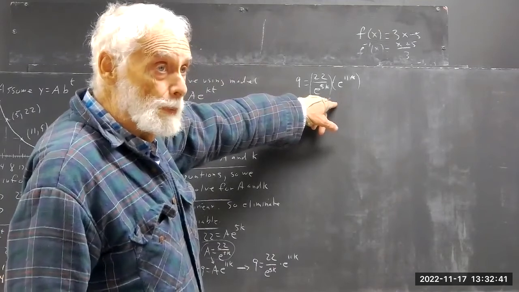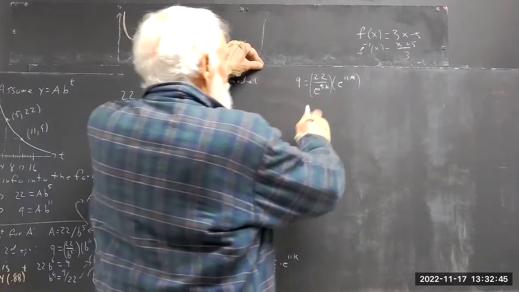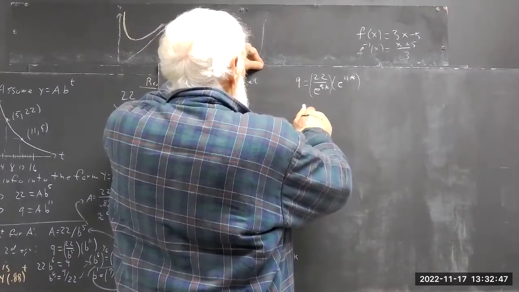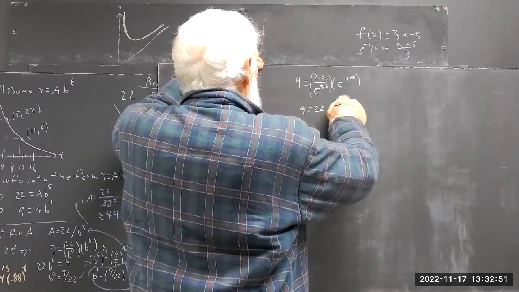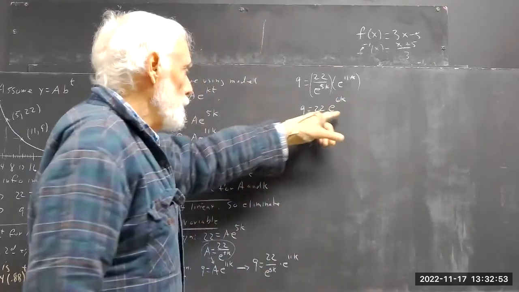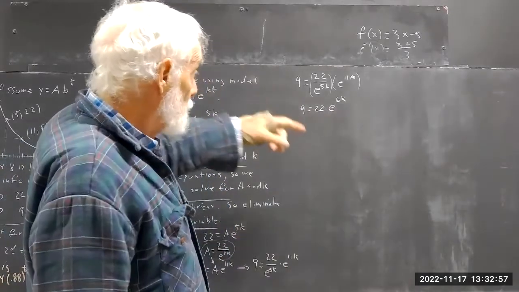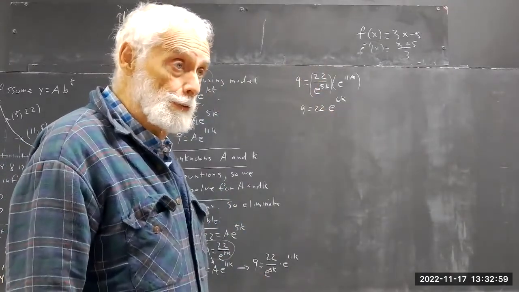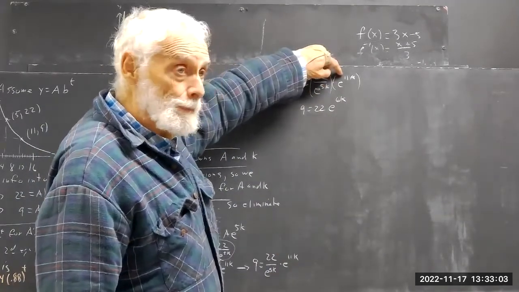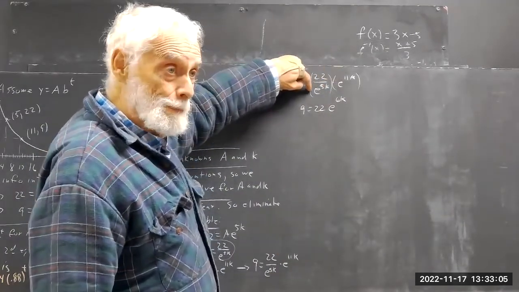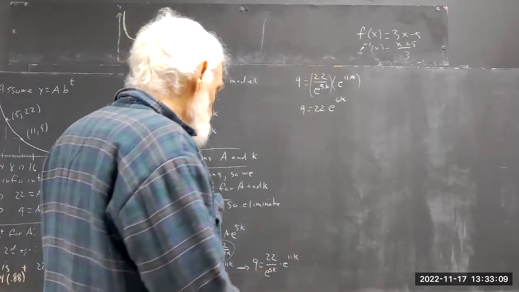We want to solve this equation for k. Well, this becomes 9 equals 22 e to the 6k, by your rules for exponents and rearranging fractions. We're going to be dividing e to the 11k over e to the 5k.